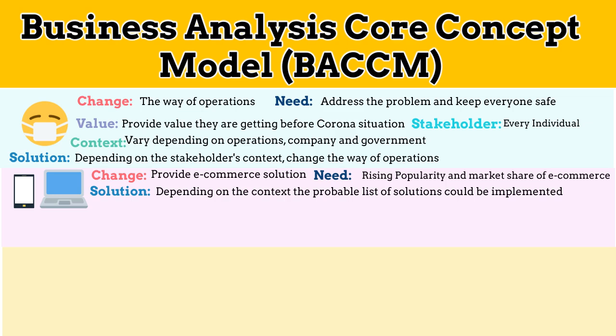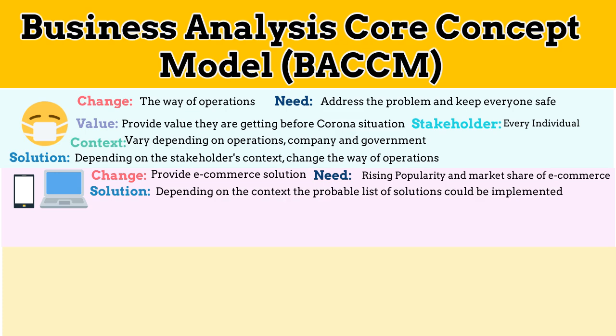They need to make a list of all the solutions they could implement as an IT project, or they can have their own e-commerce website, or they can find some partners with whom they can sell their product as well.